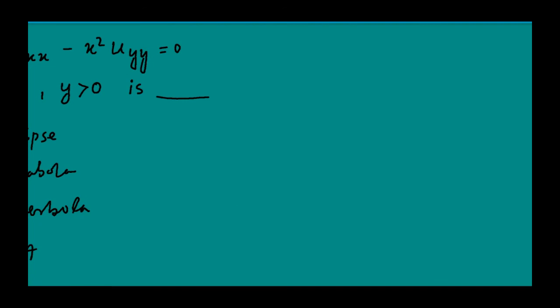How to solve this one? a del square u by del x square plus b del square u by del x del y plus c del square u by del y square plus d del u by del x plus e del u by del y plus f u is equal to suppose g.